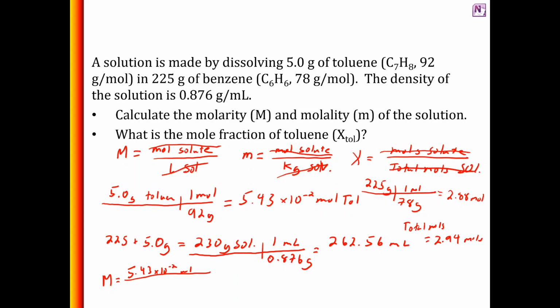Yes, it was up top somewhere. Here's our volume. We just need to convert that to liters, so that would be 0.2626, and that's probably way too many sig figs, but we'll stick with it for now.